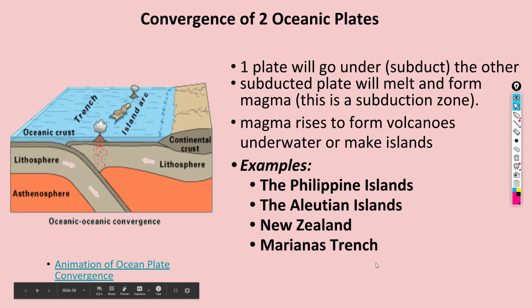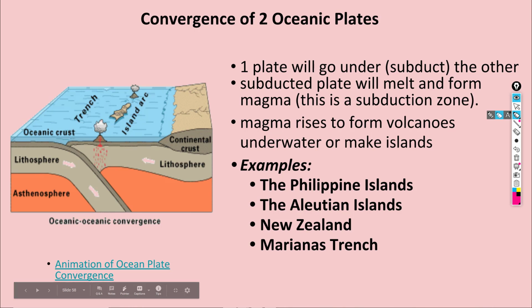Now, one of the things you have to understand is that when this happens, it's happening underwater. Okay, so notice this drawing right here, because again, we're talking specifically about something that's happening underwater. We can see it right there. This is what we call areas of subduction, and this is the reason that Earth doesn't get bigger despite the fact that we are making new crust all the time at our mid-ocean ridges.